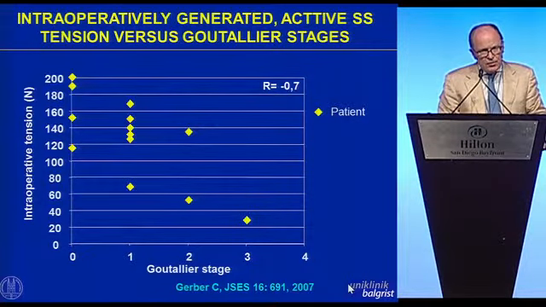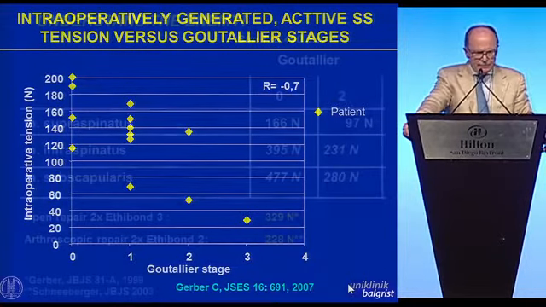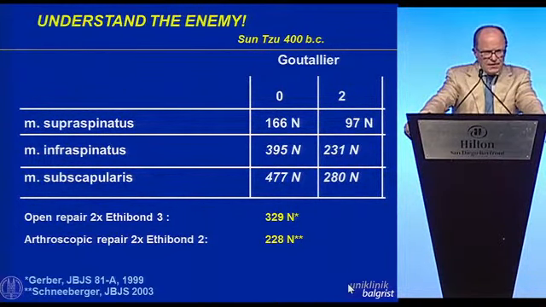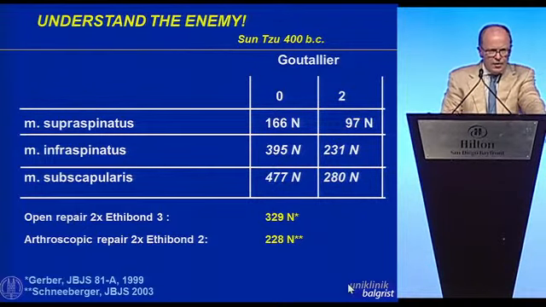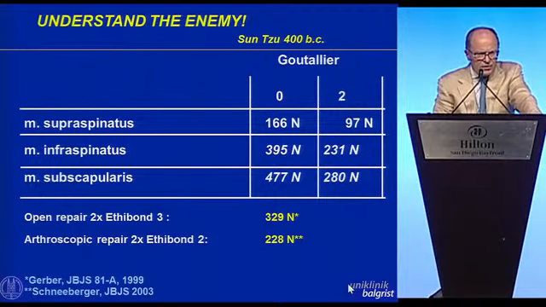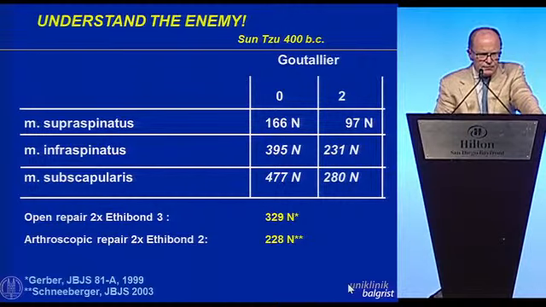So actually you would expect that with the supraspinatus creating about 166 Newtons, but the infraspinatus creating about 395 Newtons, that you're in problems, because we know that for the open repair with Ethibond, you get to a tension failure of about 329 Newtons.